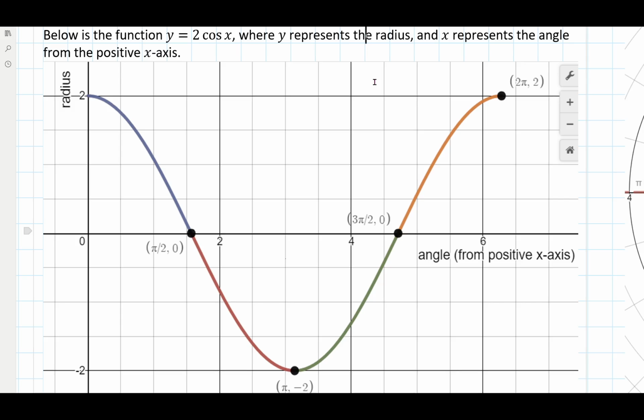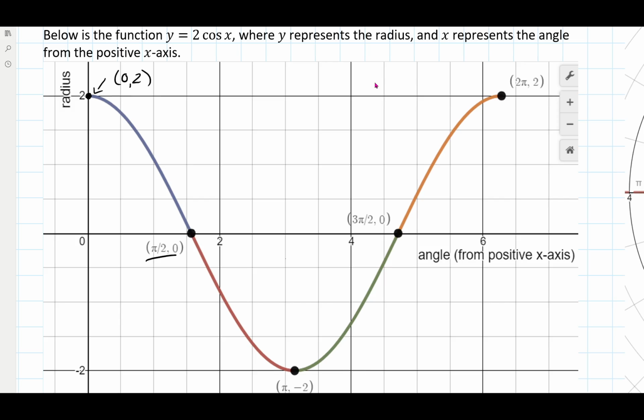Alrighty. So what do we know about this graph? Well, I know where its x-intercepts are, and we also have 5 points of importance here. We have our starting point, our y-intercept, at (0, 2). We have our first x-intercept at (pi over 2, 0).